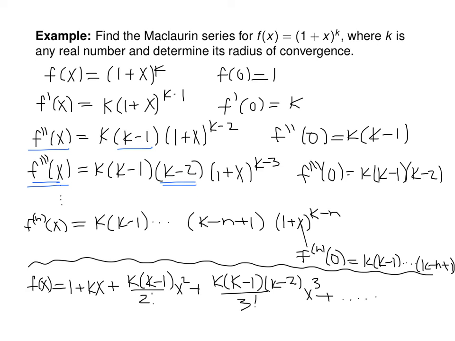I won't explicitly ask you to put them into summation notation. In your textbook, you can verify that for this series, the radius of convergence is R equal to 1. The interval of convergence can vary based on the value of k.